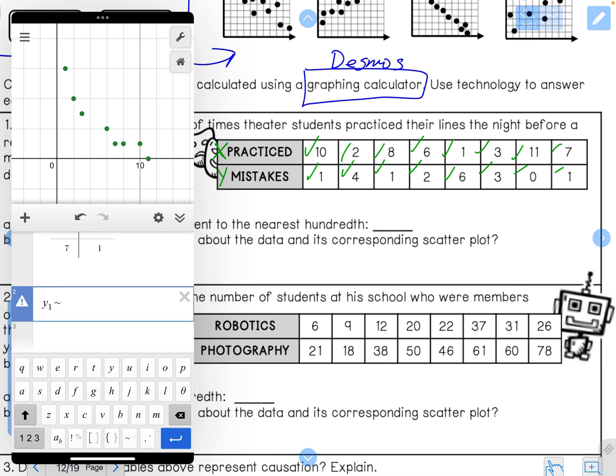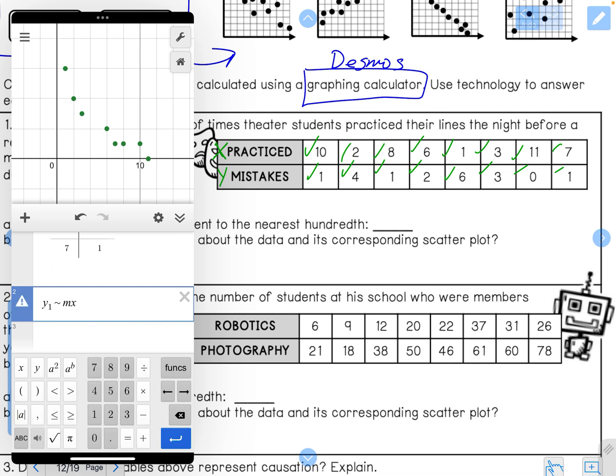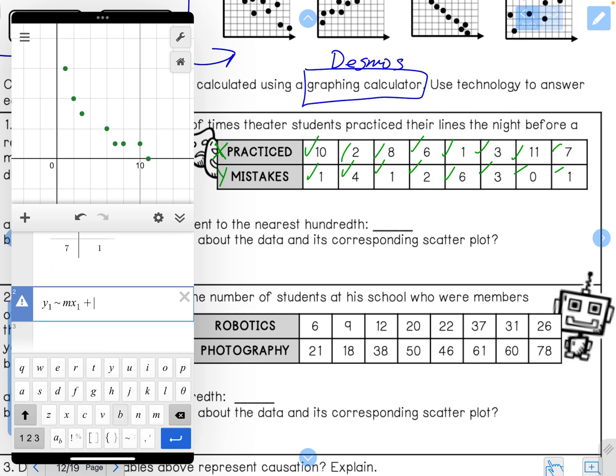Our squiggle on your keyboard is if you hit Shift and the button left of the number 1, it will get you the squiggle. And we're going to type MX1 plus B. So we've taken our Y equals MX plus B. We've put a 1 next to the Y and the X. And instead of the equal sign, we've put the squiggle, which means approximate.